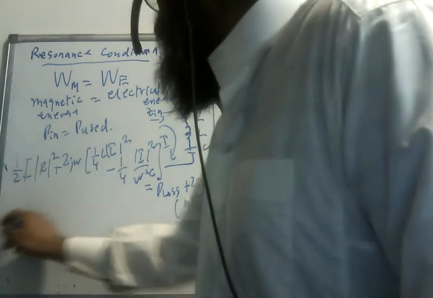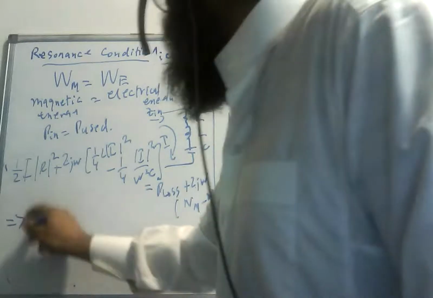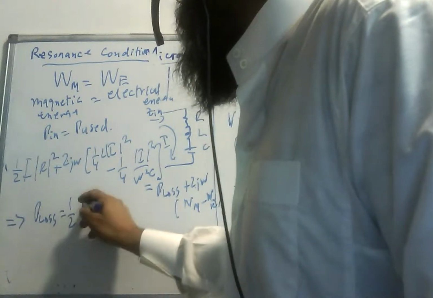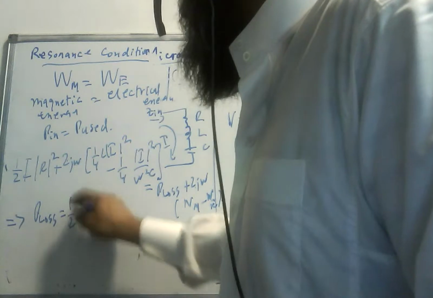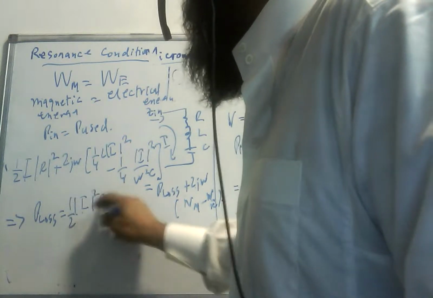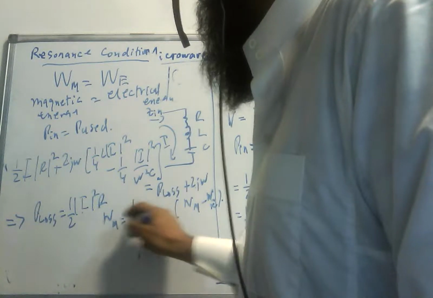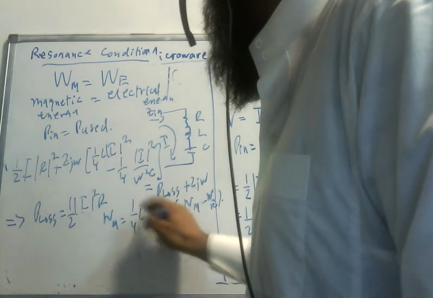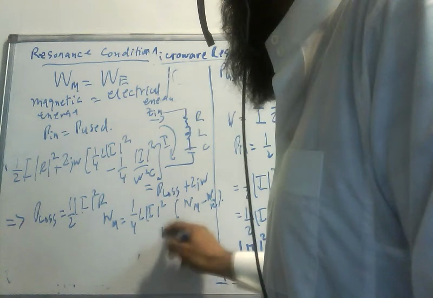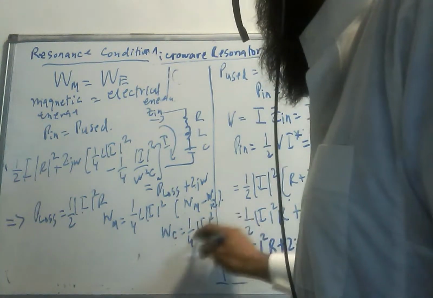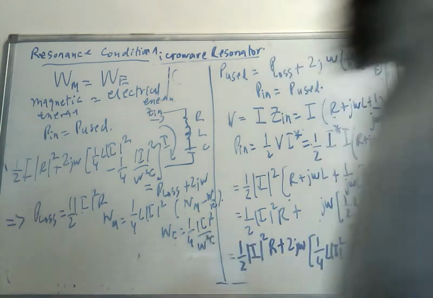So this implies that P loss is equal to 1 over 2 I square R, W_m is equal to 1 over 4 L I square, and W_e is equal to 1 over 4 I square divided by omega square C.